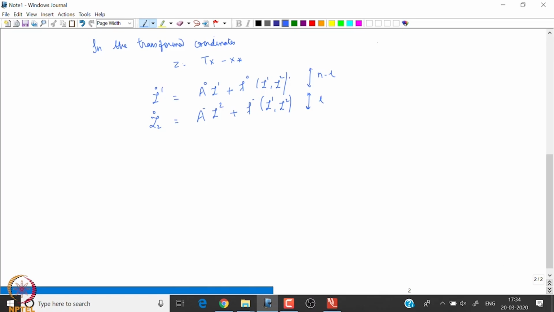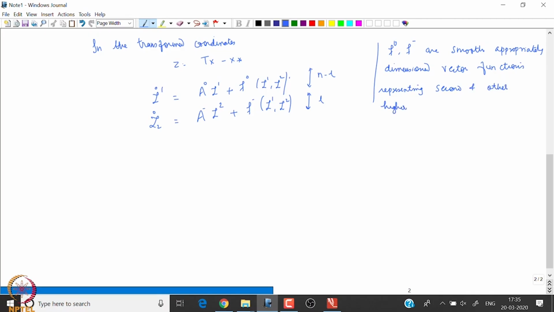Okay. And what are these F naught and F minus? F naught and F minus are certain smooth, appropriately dimensioned vector functions representing the second and other higher order terms around the equilibrium.